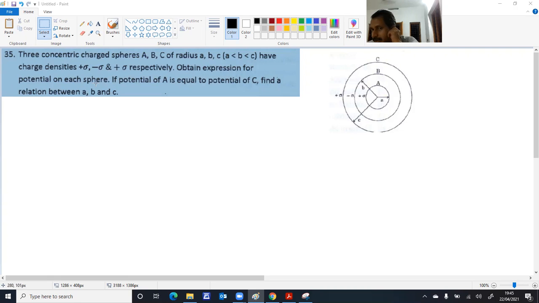If I take the inner sphere A, how many contributions of potential are there to the inner sphere?